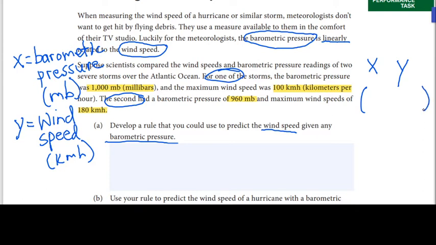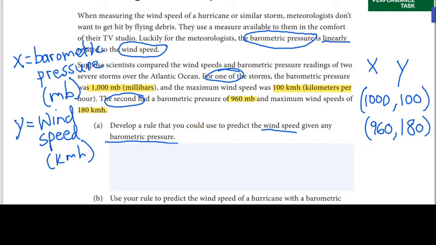For the first storm, our x value is the barometric pressure, 1,000 millibars, and the wind speed was 100. The second storm has a barometric pressure of 960 millibars and a wind speed of 180 kilometers per hour.